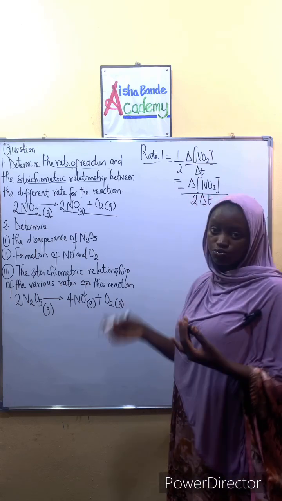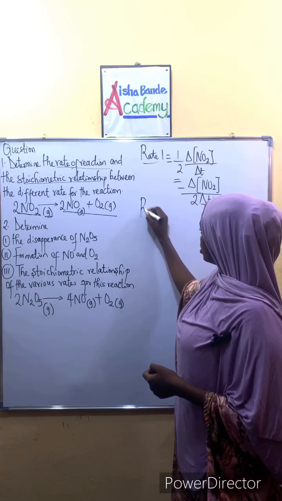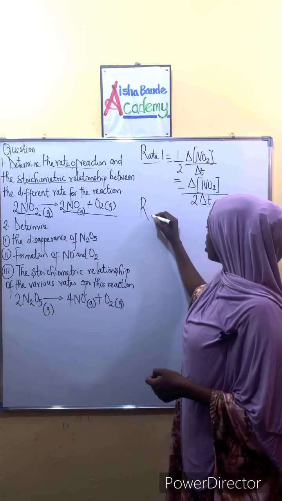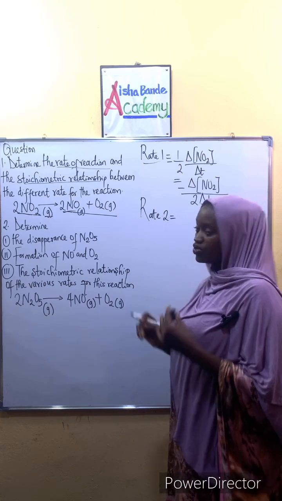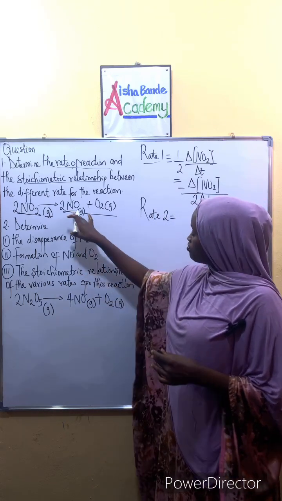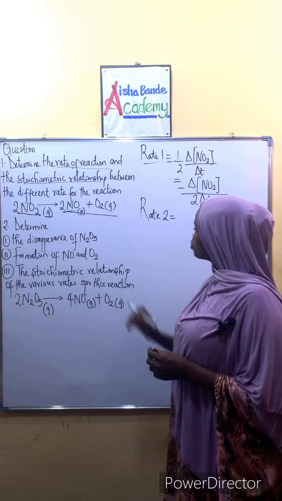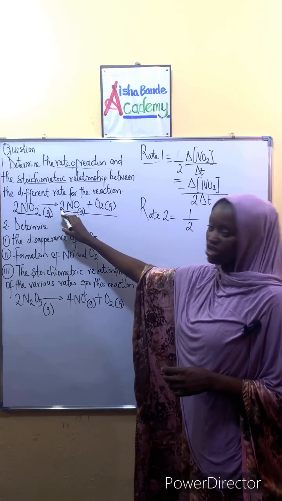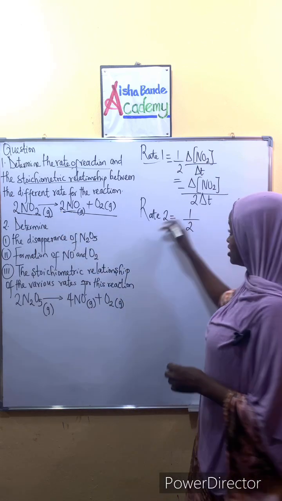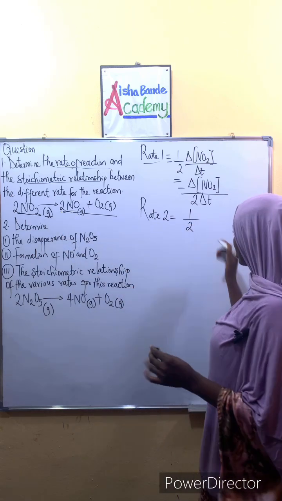So now let's move on to the product side. Let's calculate for the first product, which is rate two. That is the rate of reaction of the first product. This is going to be 1 over 2 because here we have the coefficient of 2. Since it's a product, there's no negative here.